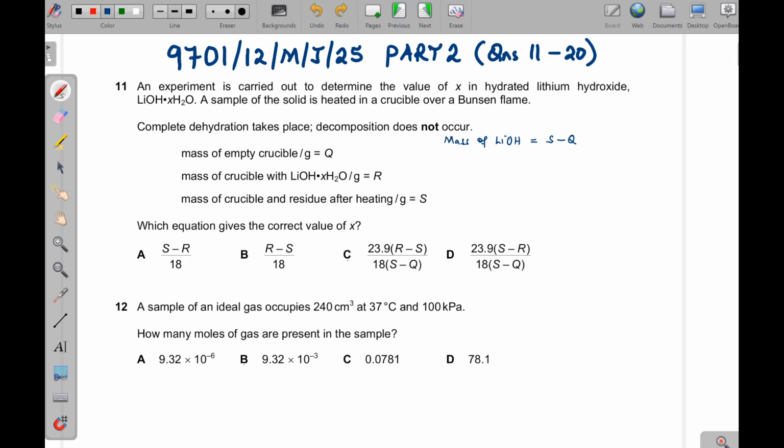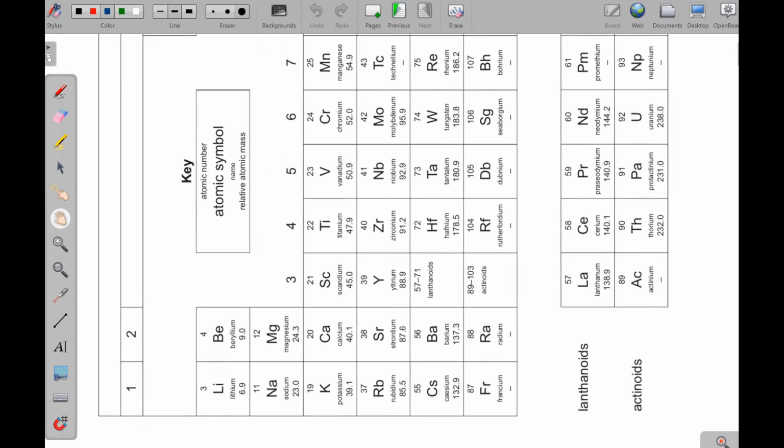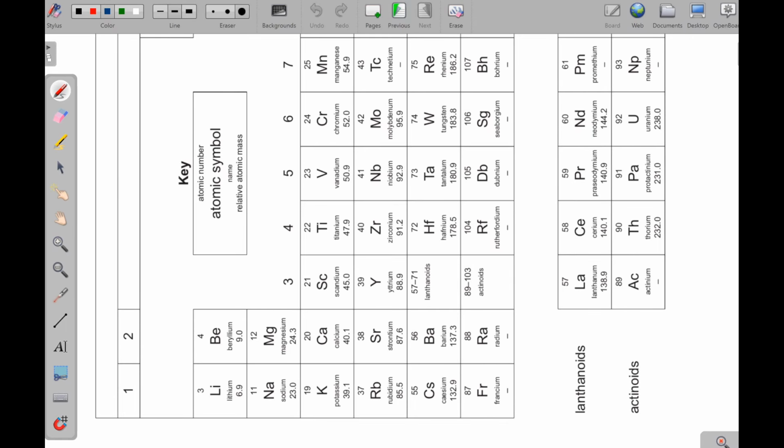Then we also need to find the moles. To find the moles of this one here, I'll need the MR, the relative formula mass of this one. So the MR of lithium hydroxide is going to be, what is the AR of lithium? Let's check the periodic table. When you come to the periodic table, lithium is here. So the AR is 6.9.